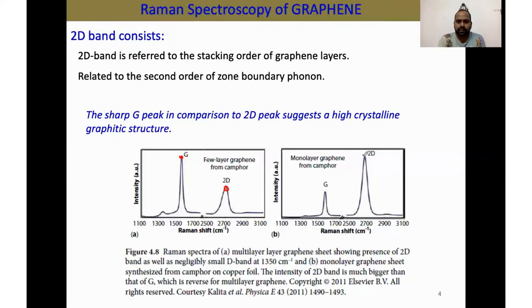See, in case of monolayer graphene, the 2D peak is very intense as compared to the G peak. So basically, this 2D peak is intense in case of monolayer because we are getting this intensity more particular about the zone boundary phonons.